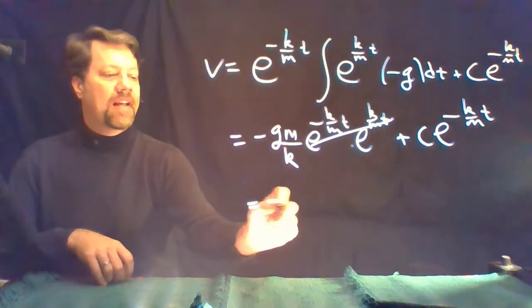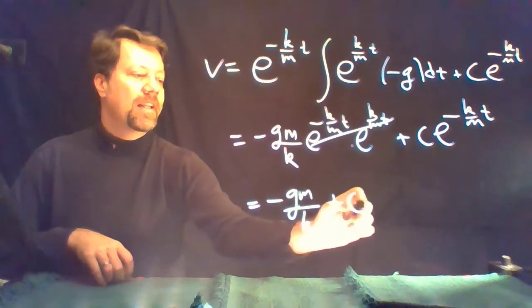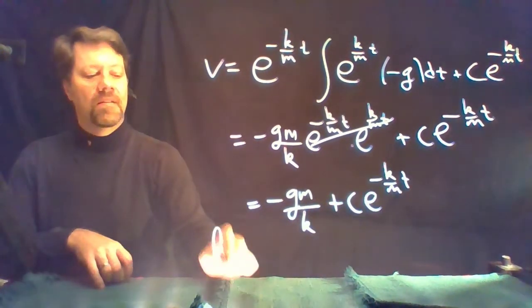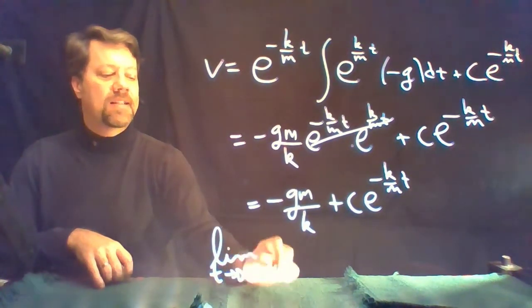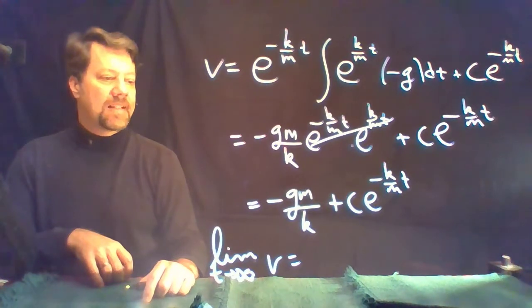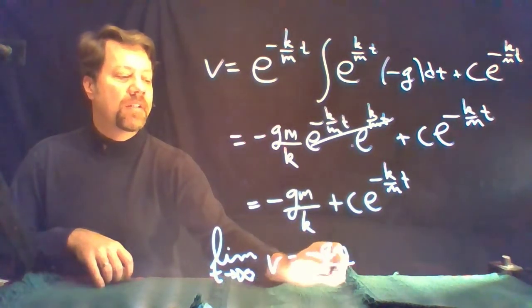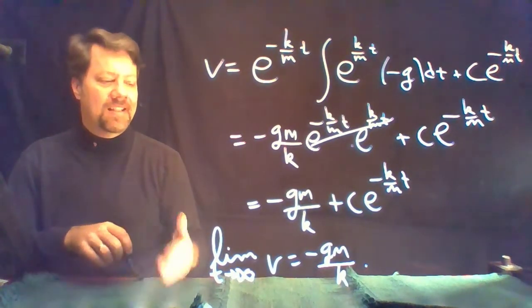You can see that as t goes to infinity, the velocity tends towards a constant value of minus g times m divided by k. That's the terminal velocity in this case.